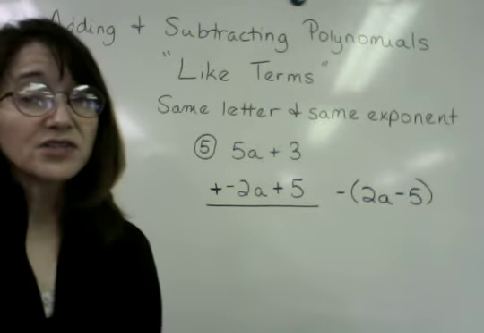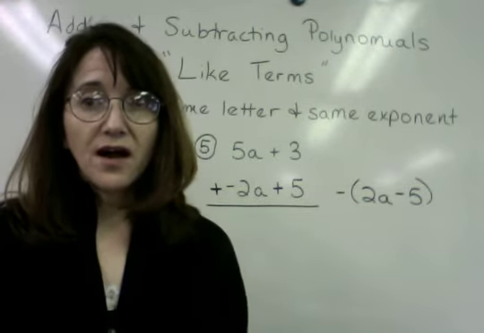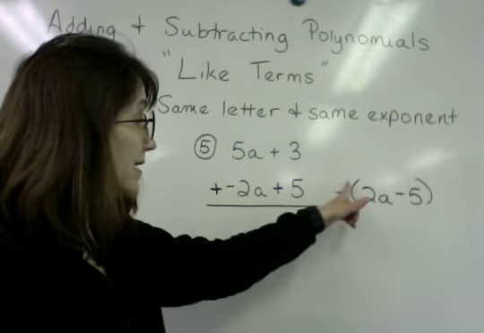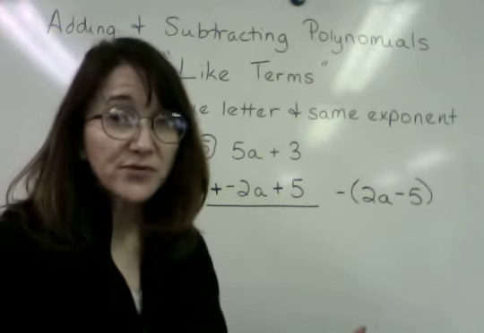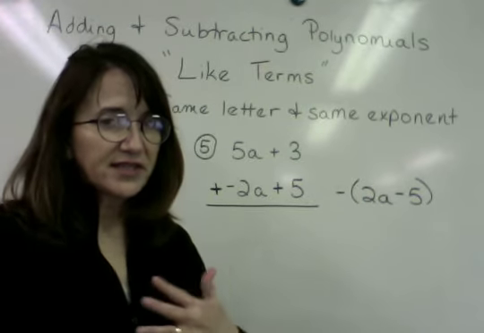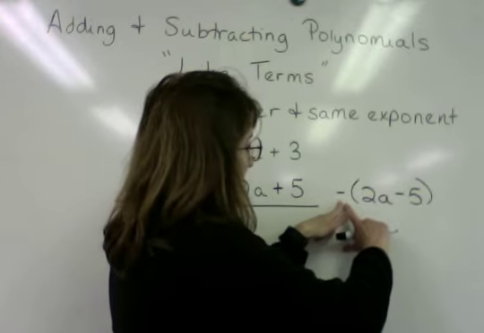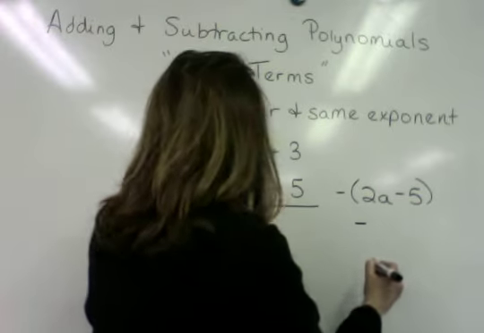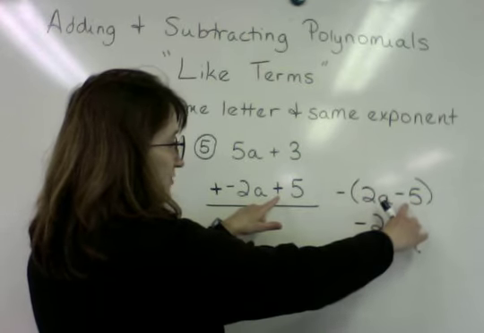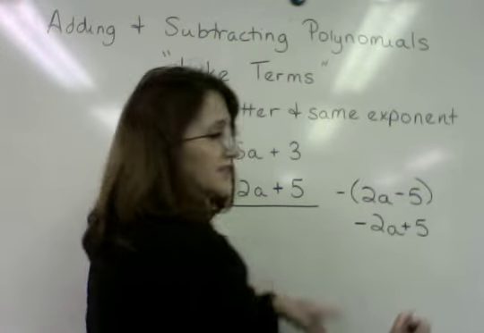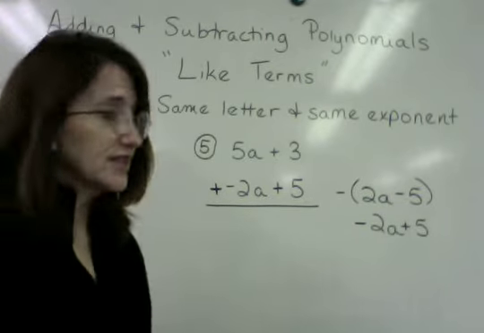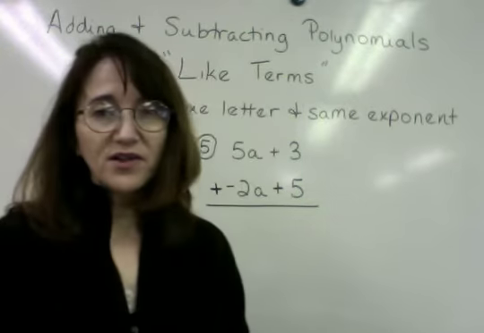Because you're going to do this, especially when you do horizontal adding and subtracting, that is almost telling you, hey, there is a little negative 1 right there that wants to be distributed prior to you adding or subtracting it. So when I multiply that negative 1 to the 2a, it becomes a negative 2a. When I multiply that negative 1 to the negative 5, it becomes a positive 5. And that's why adding the opposite really, really works in algebra when we're trying to add and subtract polynomials.